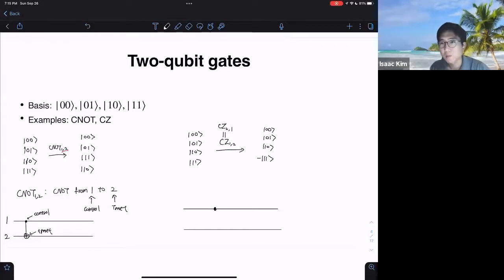Sometimes people will not even write down the qubits that these gates act on when those qubits are obvious, because the ordering doesn't matter. And we write that down as this symmetric diagram. So this is a CZ gate.